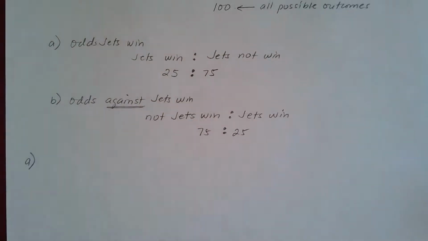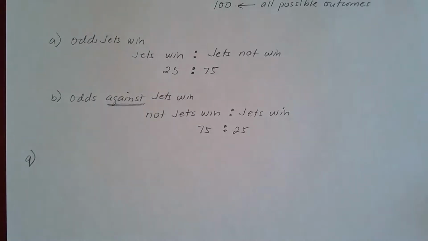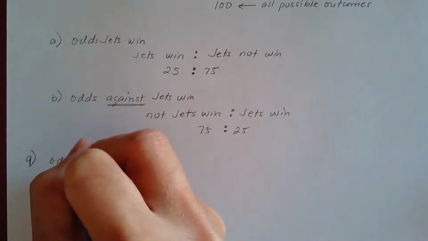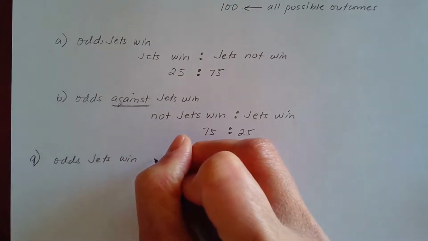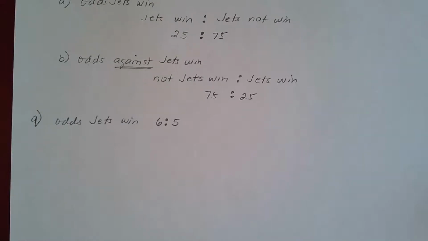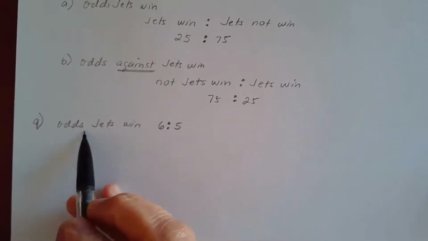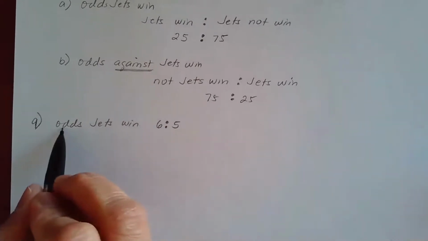Okay, let's take a look at number 9. Oh, I can see the pattern going on here. It's all about Winnipeg Jets. The odds that Jets will win the next game is 6:5. So this is what's given. Now, what does that mean?